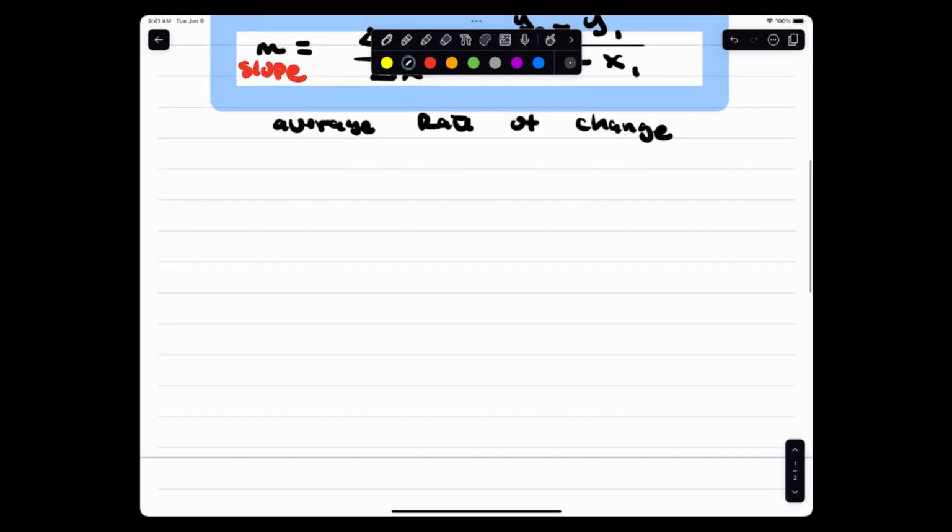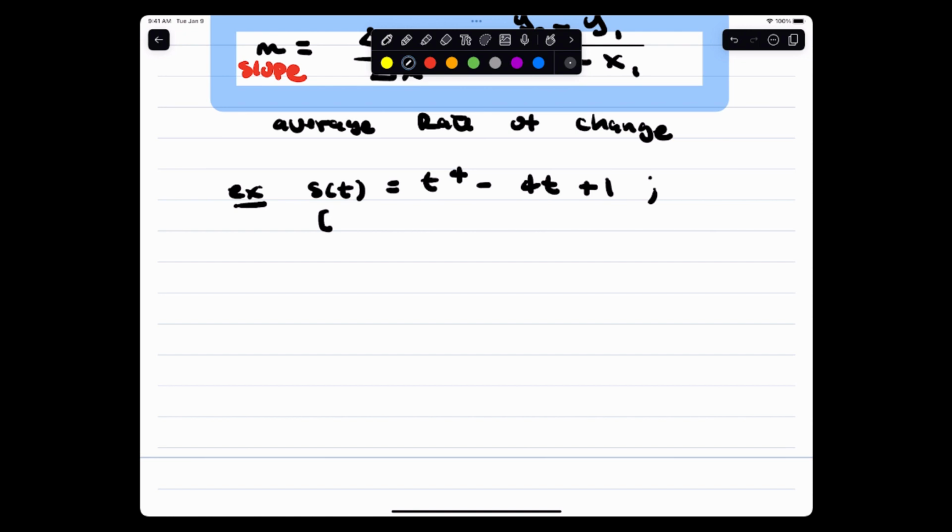All right, so for example, they can give you a particle. They can say S of t can be something like t to the fourth minus 4t plus 1, and they're going to give you a time interval.